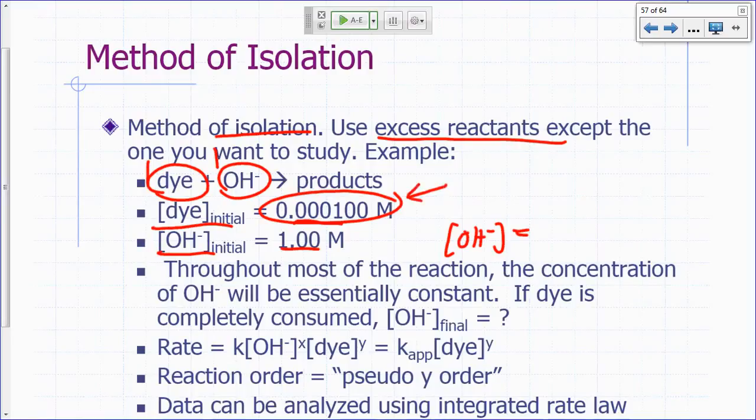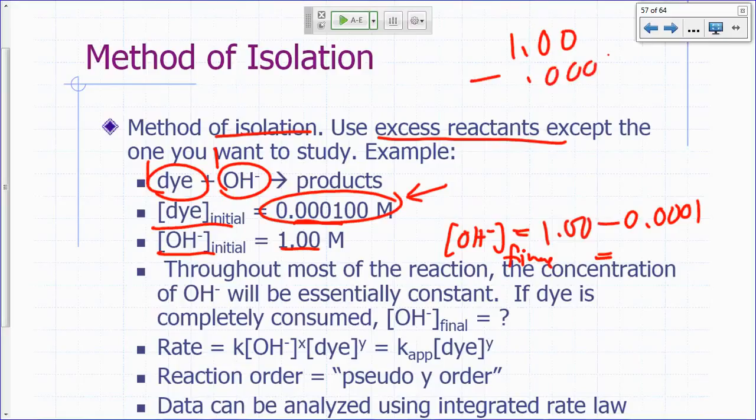Same amount, right? So you would end up for the final sodium hydroxide solution, if the reaction were to go all the way, you'd have the starting amount minus the amount you've lost, which is 0.0001. What is 1.00 minus 0.0001?